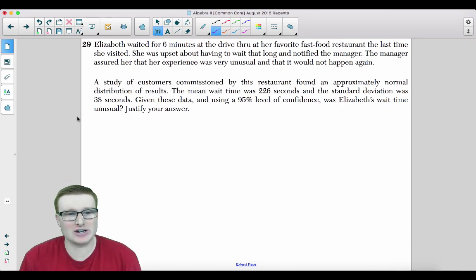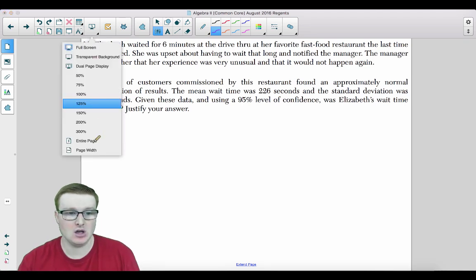The manager assured her that her experience was very unusual and that it would not happen again. A study of customers commissioned by this restaurant found an approximately normal distribution of results. The mean wait time was 226 seconds and the standard deviation was 38 seconds. Given these data and using the 95% confidence level, was Elizabeth's wait time unusual?